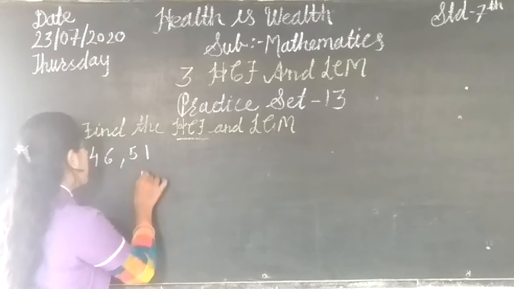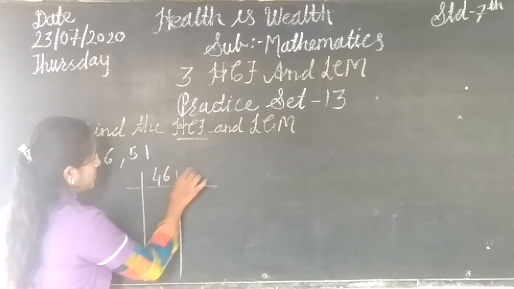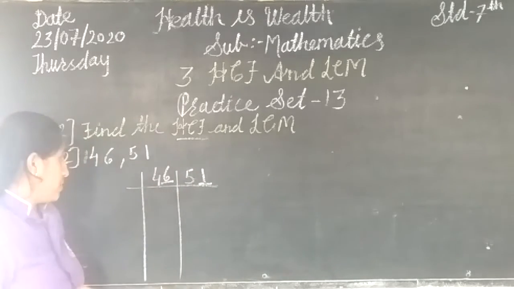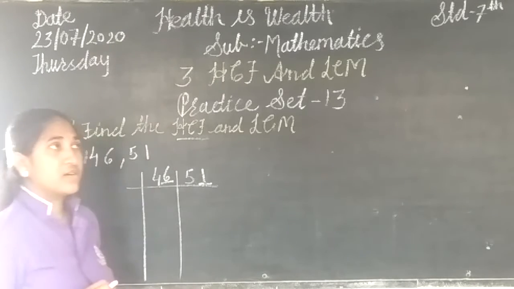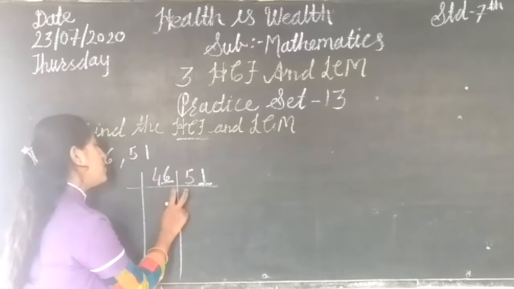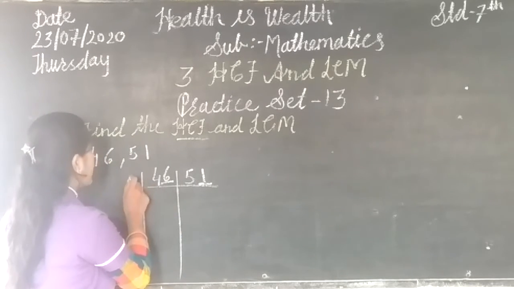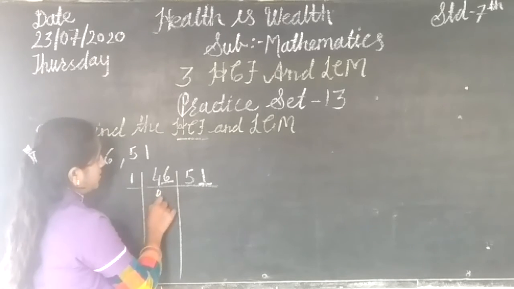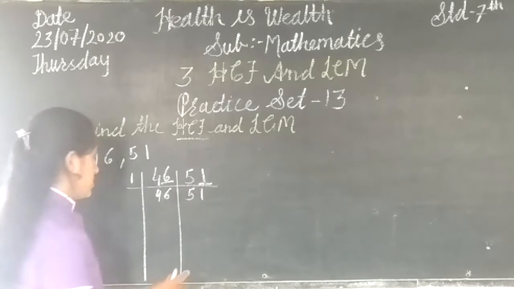Same as before, first we find the common factors. Here 46 is an even number and 51 is an odd number. In this situation, can you find any number that divides both of them? No. So again we write the same as it is: 1, 46 and 51. That is our answer.